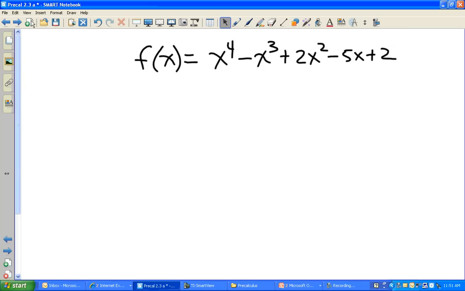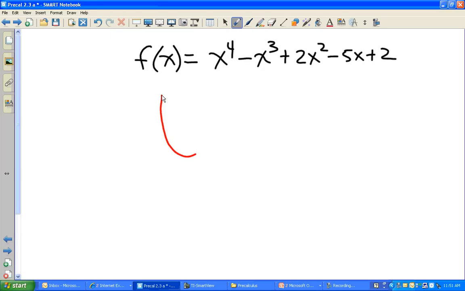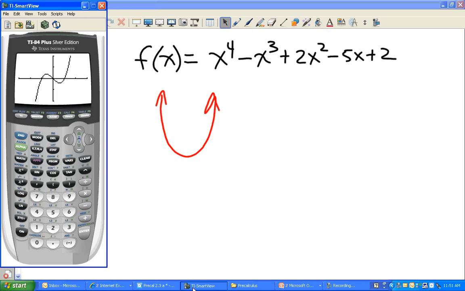We could end up with a graph, and I actually haven't graphed this, so I'm not sure what it's going to look like, but these other terms could play a role in defining local and absolute mins and maxes. But the basic function, when we graph this, I can promise you will look like this. It's just a question of if there's any activity in between that causes local min and max. So we'll go back to the y equals. We'll try it out and see how it works. And if it doesn't work, I promise you I will come up with one in class tomorrow that looks great.